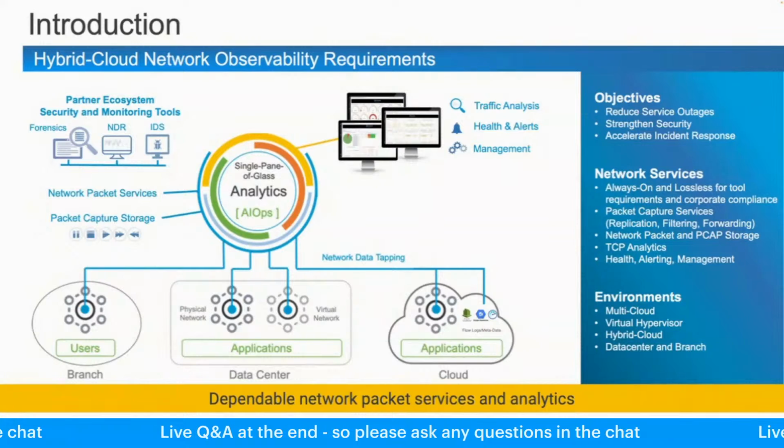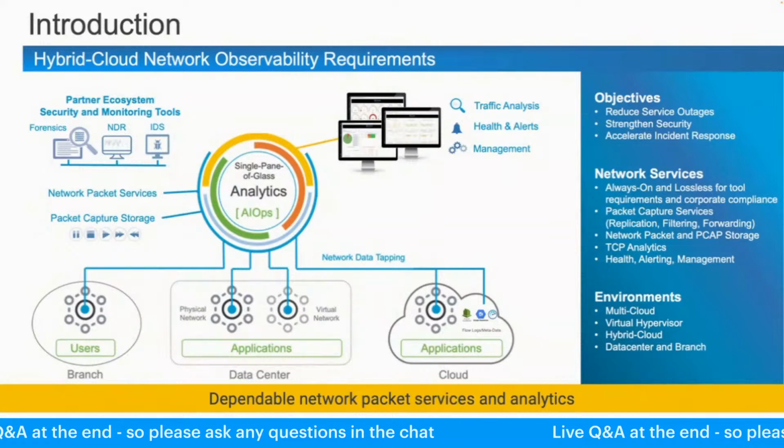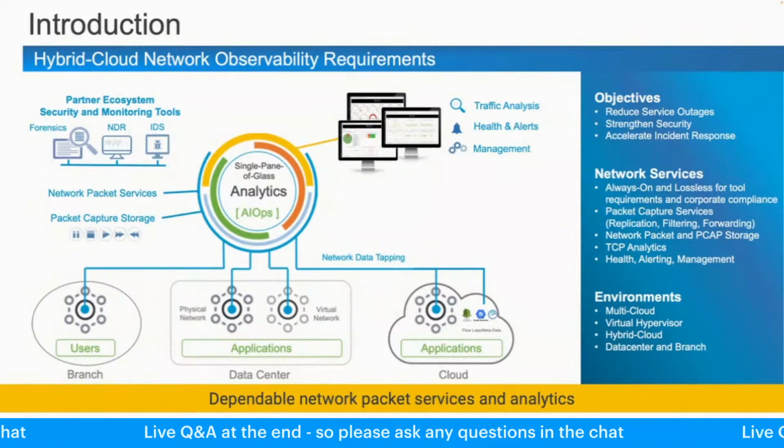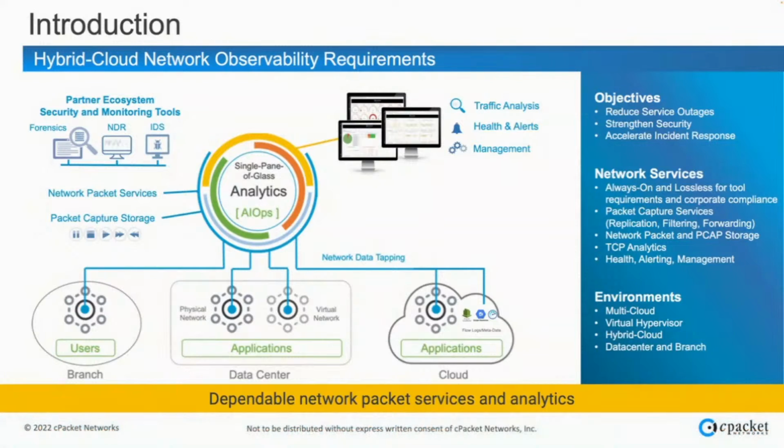How do we do replication and forwarding in the environments? Provide that PCAP storage so you can actually go back in time and see what's been going on. And of course, enabling this across both multi-cloud, the hypervisor and hybrid cloud environments is something that needs to be addressed as well.